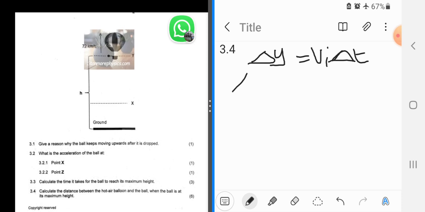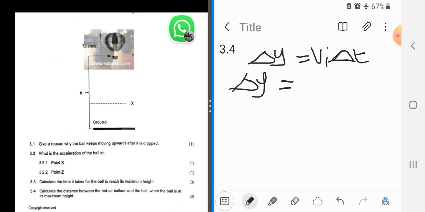So we are going to do that. Initial velocity is 20. We're going to first calculate the displacement of the ball before we calculate the one for the hot air balloon.